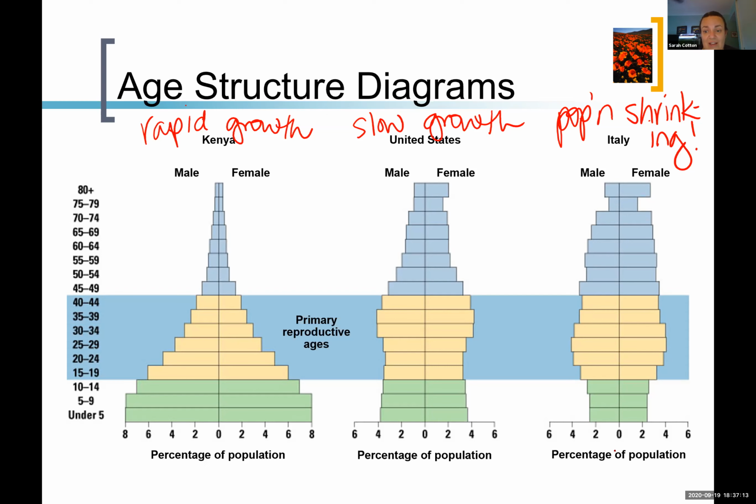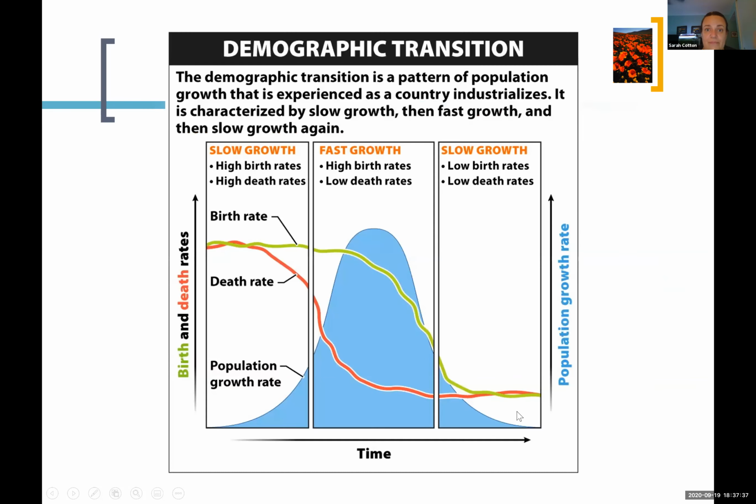Because of the economic trickiness of having too few young folks, right? It's not a big deal when they're little, but it's when they are adults and the economy is based on the number of them. If we've got a top heavy pyramid like this, it's problematic. Anyway, okay. So that's how you use these to figure stuff out, okay?